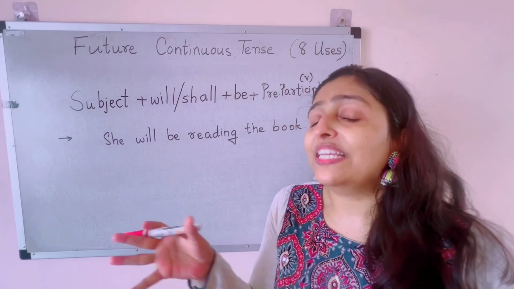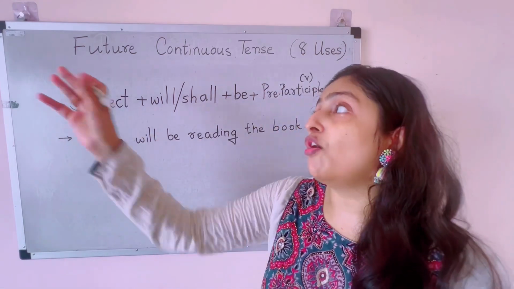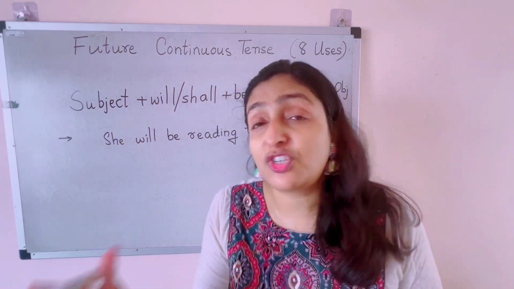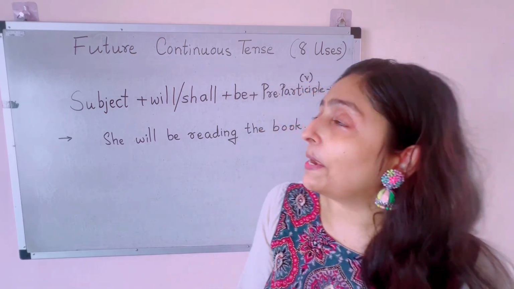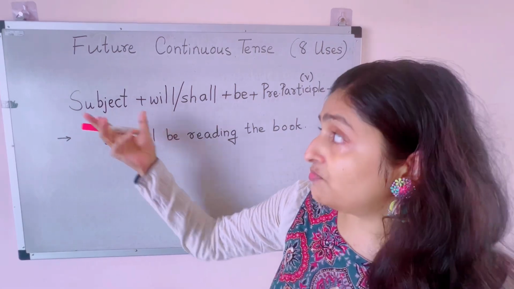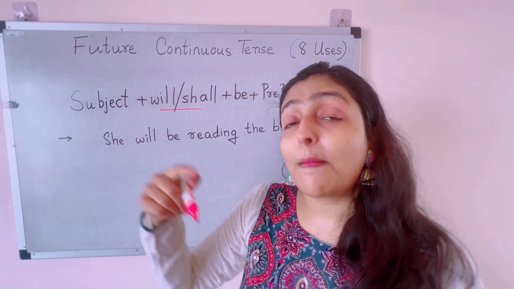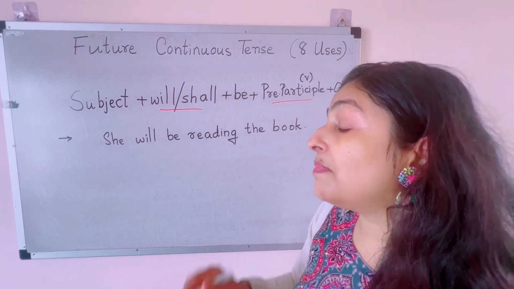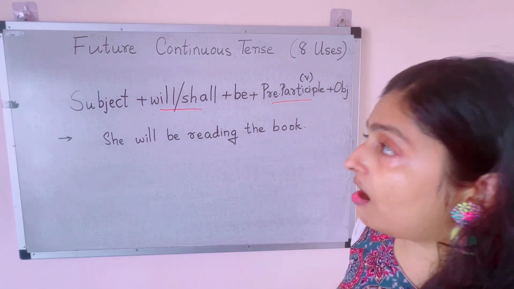So before we dive into the uses or the functions of future continuous tense, let's see the structure or the construction of a sentence in future continuous. That is, the formula is subject plus will or shall plus be plus present participle of the verb, and then comes the object.